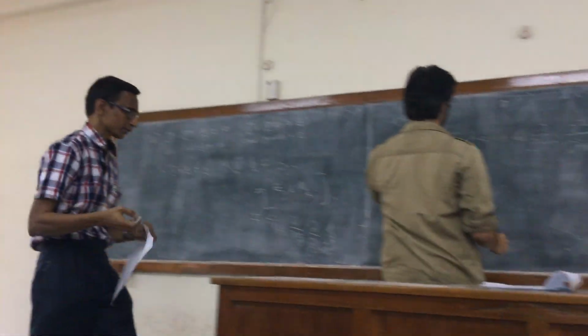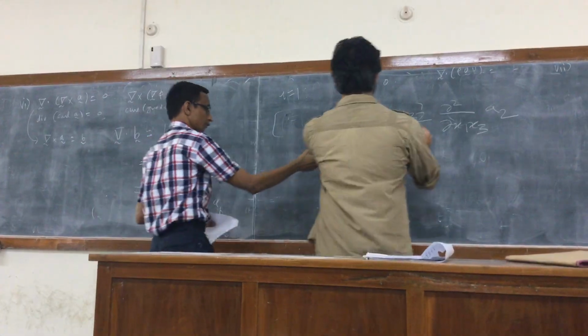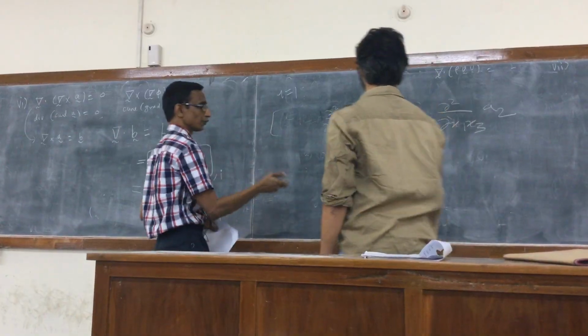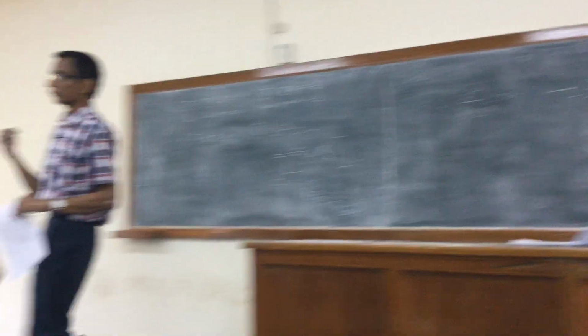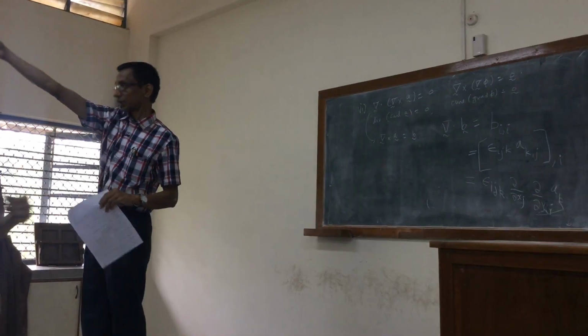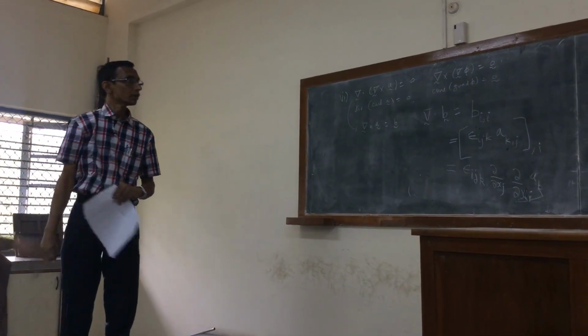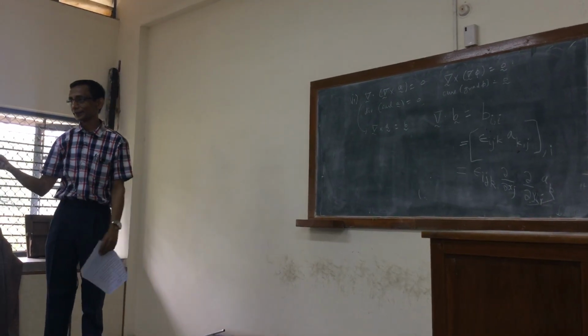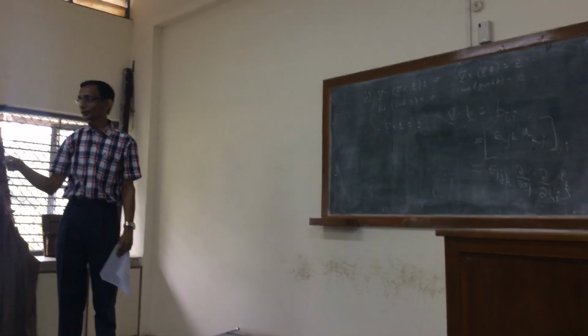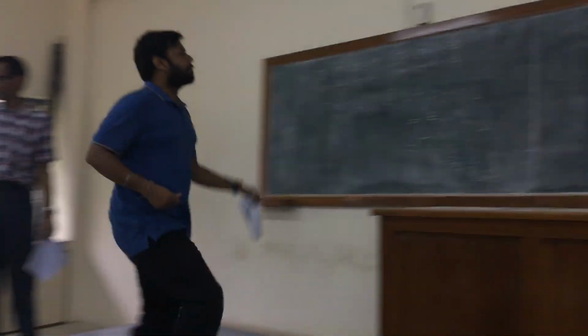Fine, leave it. So let's have somebody write i equal to 1. Somebody from behind, come forward and write the terms. This is not 0 as yet. You have to write all the three terms before you conclude that this is 0.